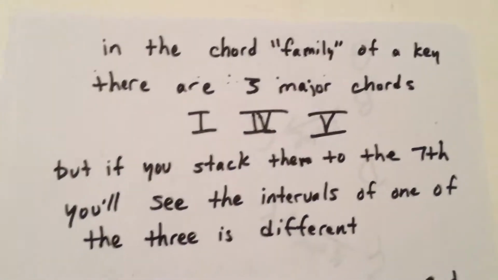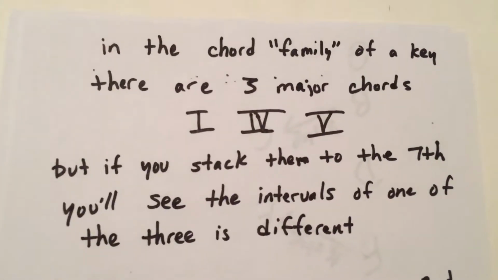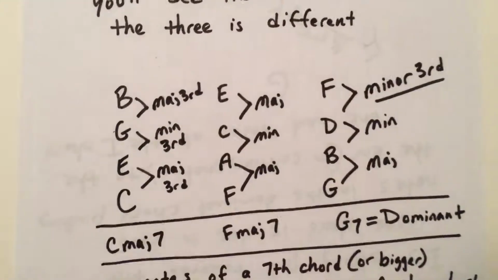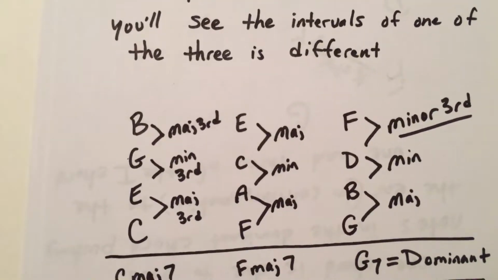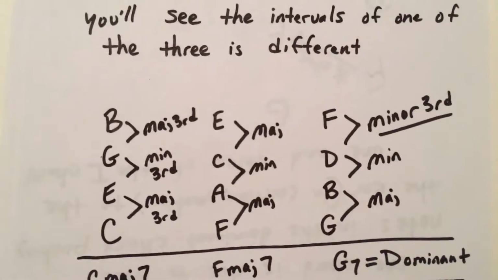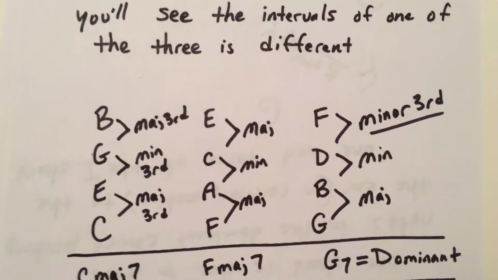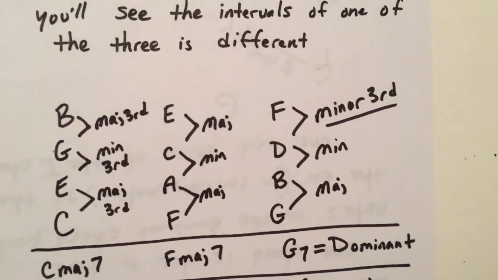But if you stack these 3 major chords to the 7ths, you'll see the intervals of one of the 3 major chords is different. If we look at the chords, we go C, and then we start on F and we stack up thirds. We again have a major third, a minor third, and a major third. But on the G, it's different.